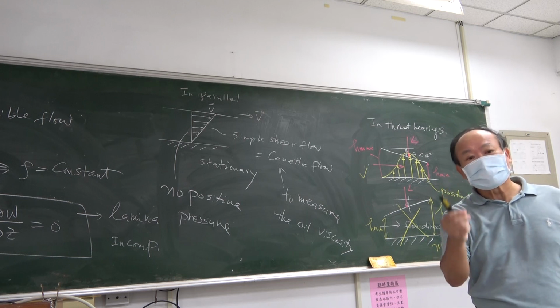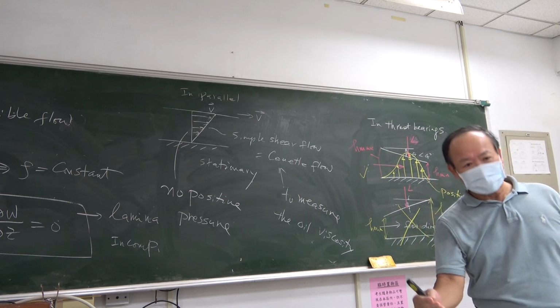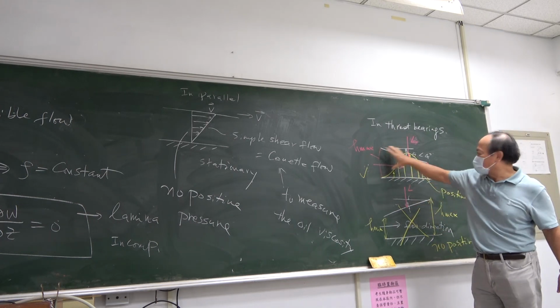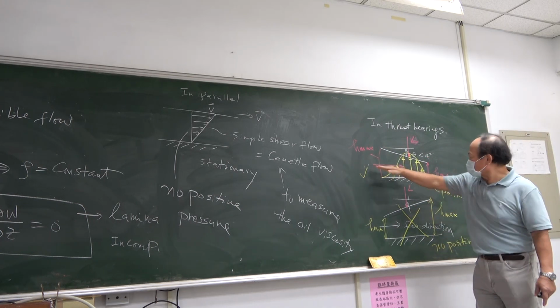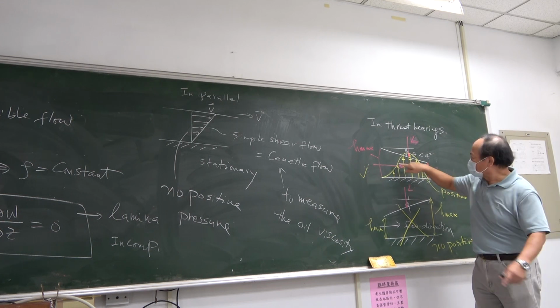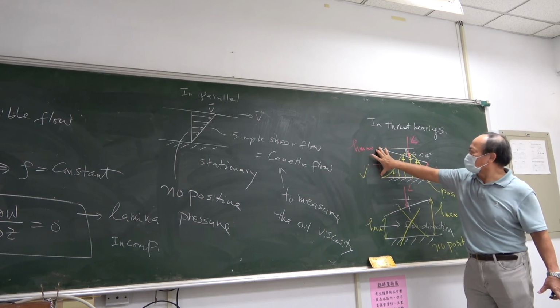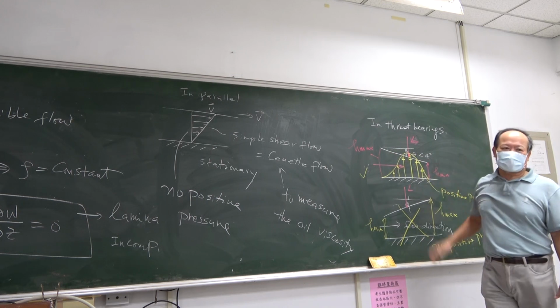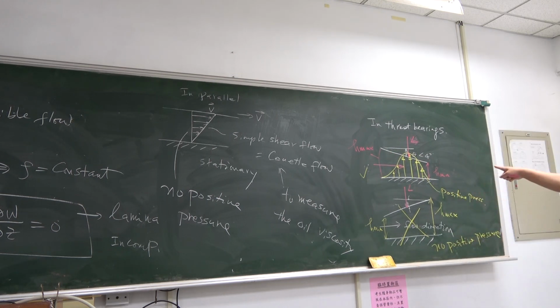If we want to have the bearing function, you have to put your maximum side and minimum side correctly. Your flow should enter the maximum side and then exit from the minimum side. Otherwise, it is not a bearing like this one.